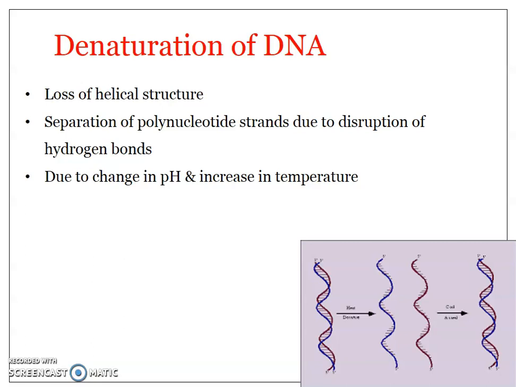But you can see over here, when the temperature is brought back to the normal condition, these complementary polynucleotide chains can come together and form the DNA double helical form again. It can provide the DNA duplex condition. So this process is known as renaturation.